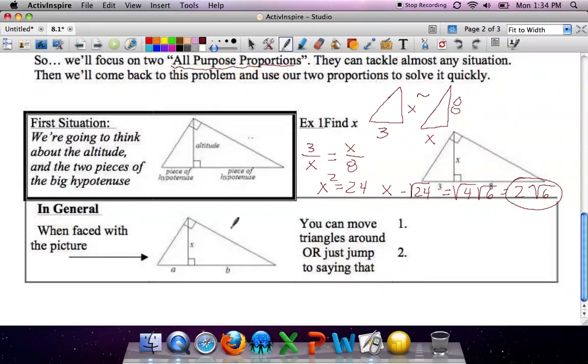In general, when faced with a diagram like this, you can automatically state the following: that A is to x as x is to B. And how I think about it in words is by saying a piece of the hypotenuse is to the altitude as the altitude is to the other piece of the hypotenuse.